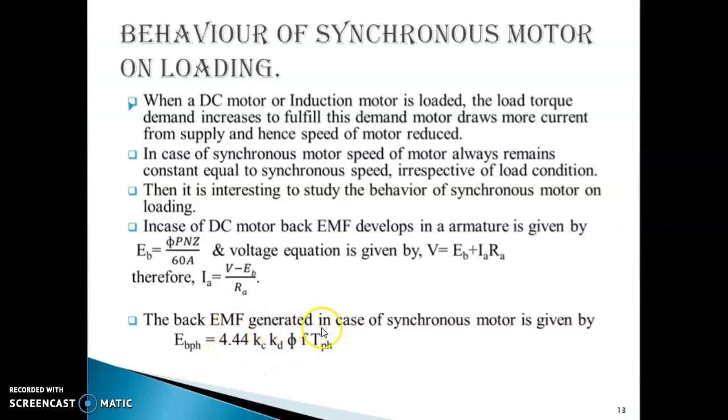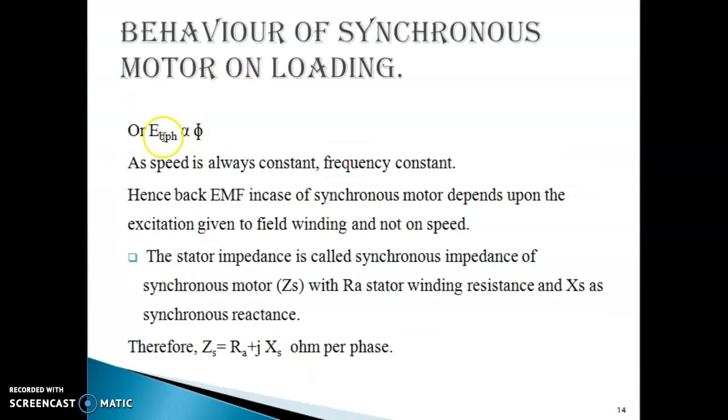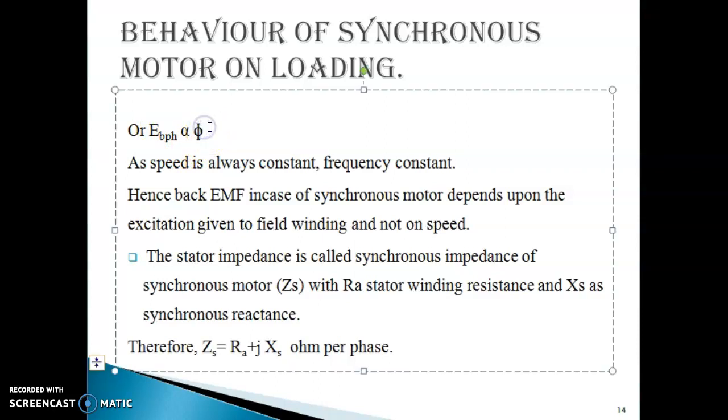So all the parameters are constant except this flux phi, or the field excitation, the excitation given to rotor. So Ebph is directly proportional to field excitation. See here, this Ebph is directly proportional to field excitation. Okay, so we can control the back EMF value by controlling the amount of excitation given to field winding.